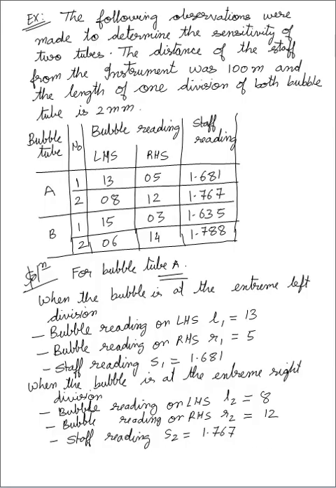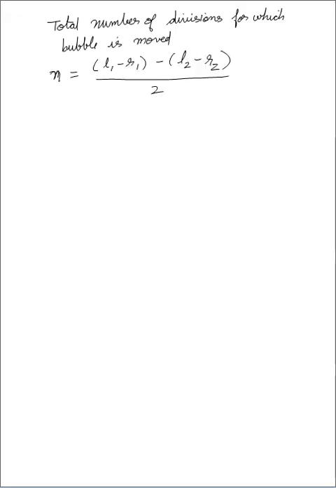So we substitute the same values in this formula: 13 minus 5 minus 8 minus 12, divided by 2. So it will be 6.